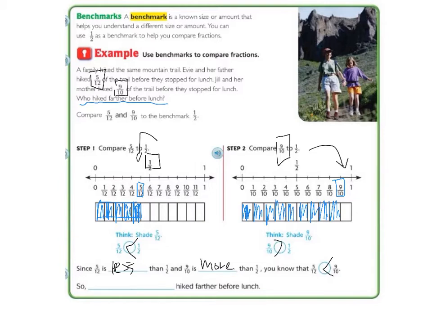So Jill and her mother hiked more than Evie and her father before lunch.